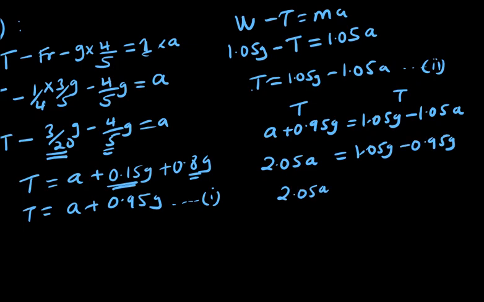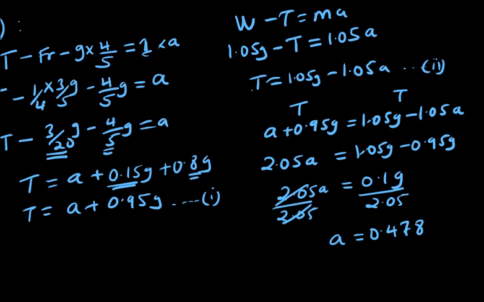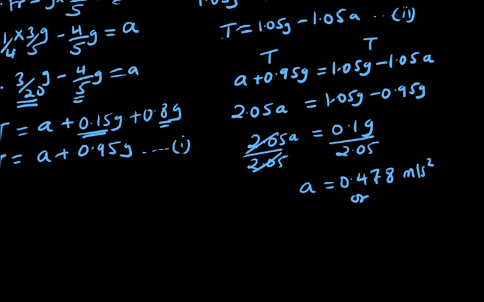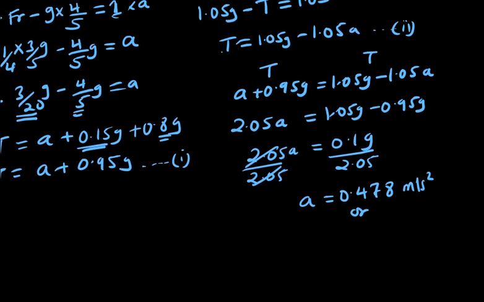If we divide both sides by 2.05, this value that you get as a, you can either get it as 0.478 meters per square second, or you can work this value as a decimal in terms of g. Just get the value from your calculator.